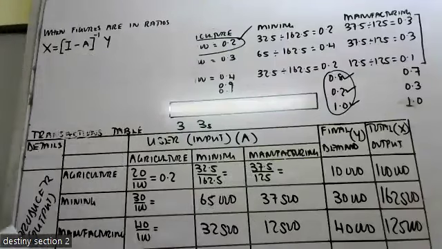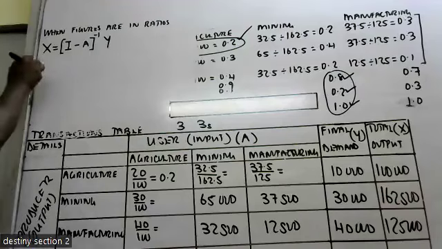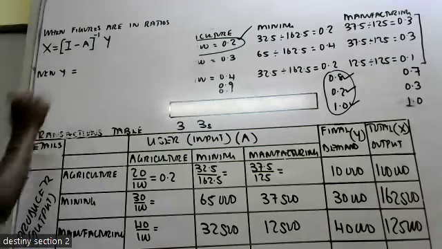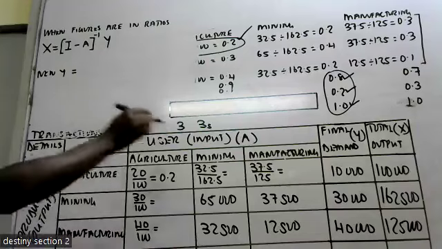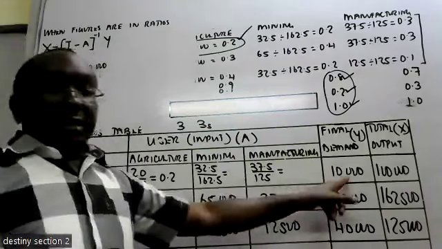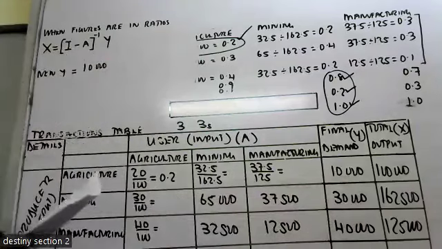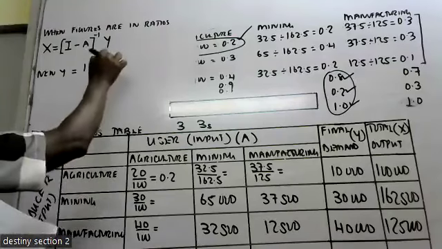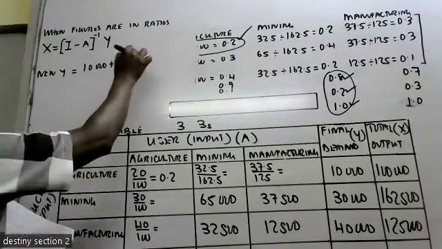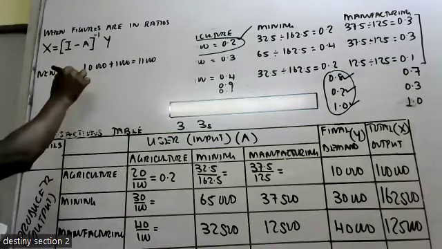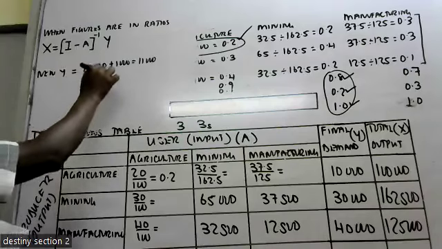So what that means is that the new matrix Y will be, we had 10,000 for agriculture. We are told agriculture increased by 1,000. So if I add 1,000, that would be 11,000.